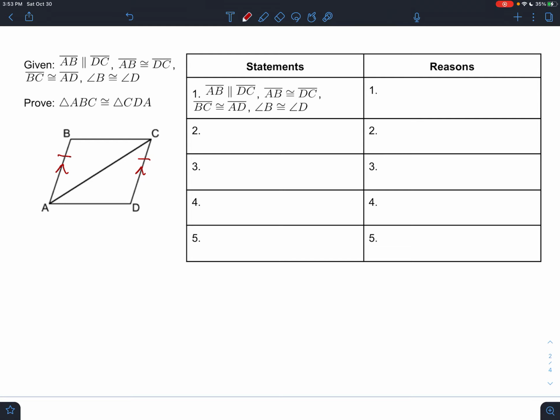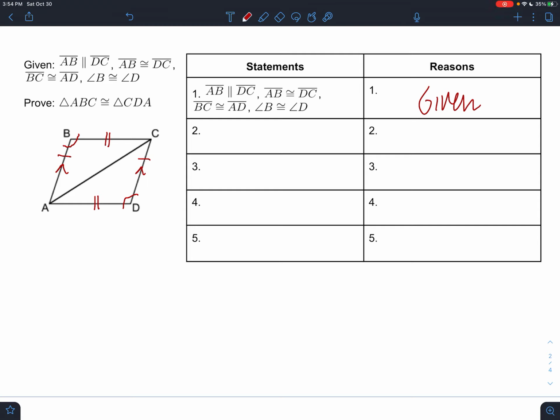AB is congruent to DC, and even BC, I'll use 2 marks, and AD. And we also have that angle B is the same as angle D. And we want to prove that we have a congruence statement. Okay, so all that is given.